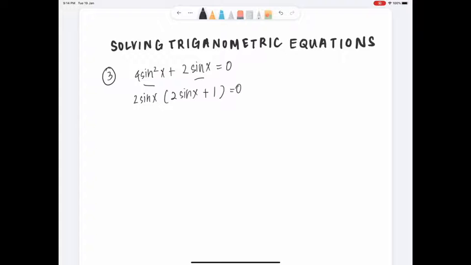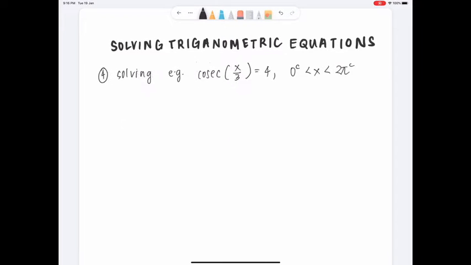Because if you just divide by sine x, you'd be omitting an answer, because it would be 2 sine x equals 0 and 2 sine x plus 1 equals 0, and here you would continue on to find x.